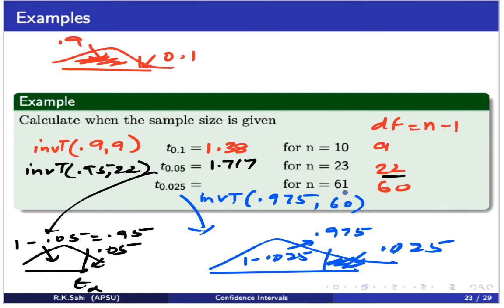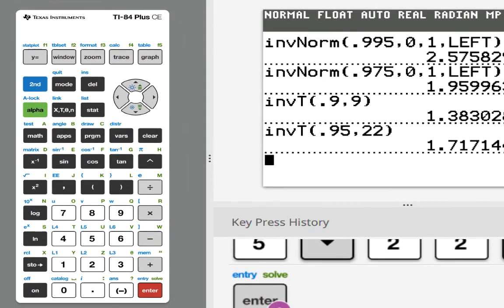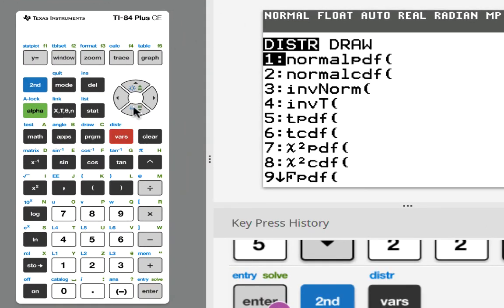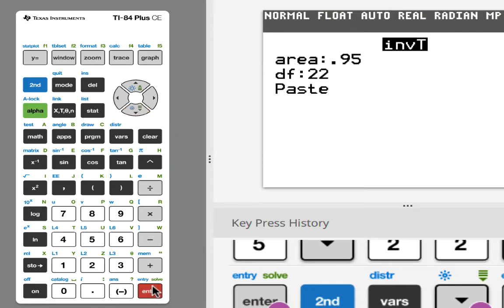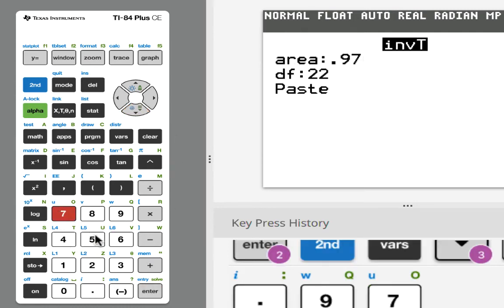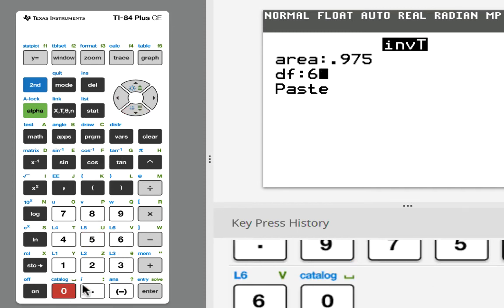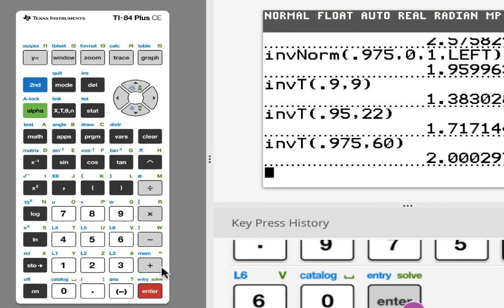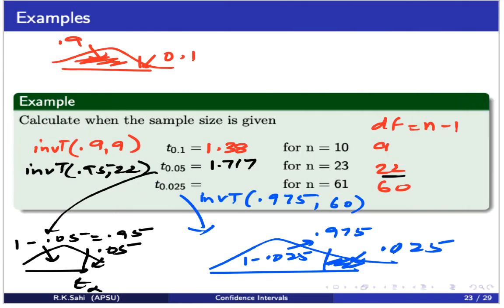The answer comes out to be, okay, let's see what the answer comes out. Almost 2. So 2.